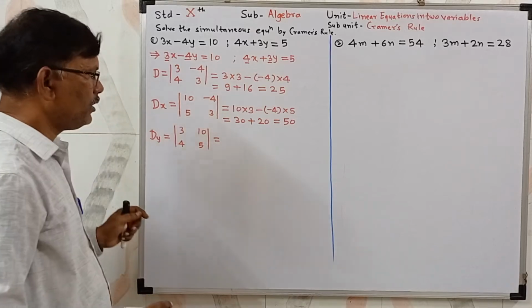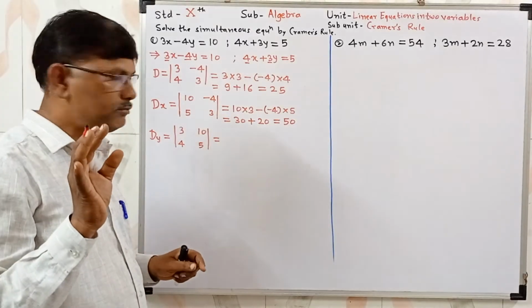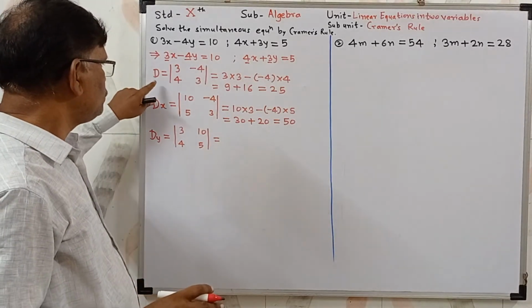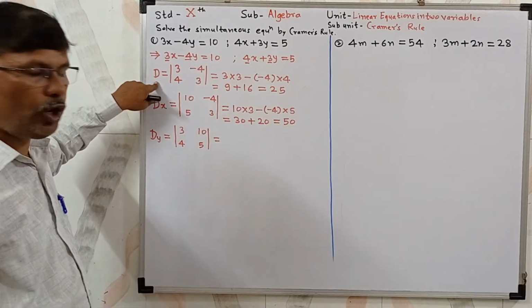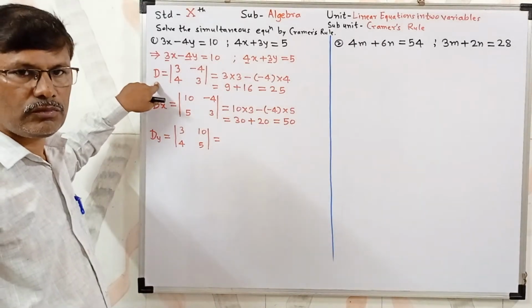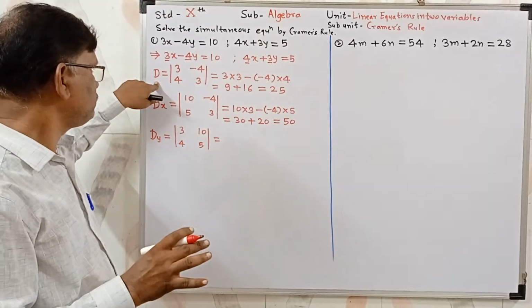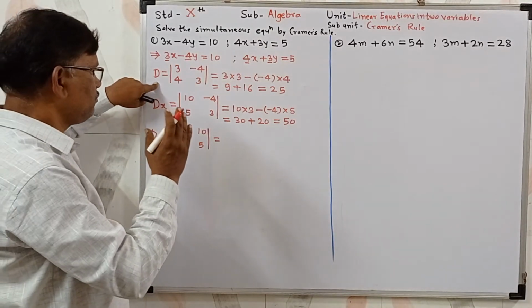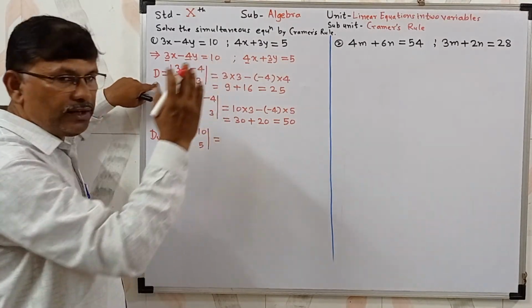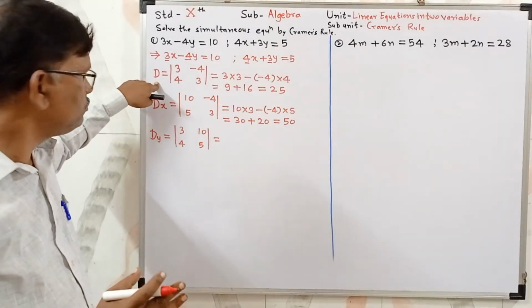Listen, I am telling you again. To find the value of determinant D, we must omit the column c1, c2.